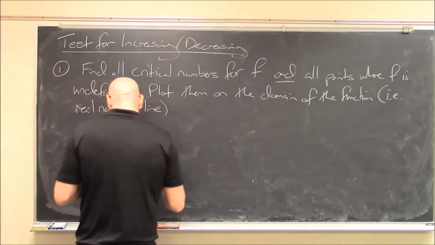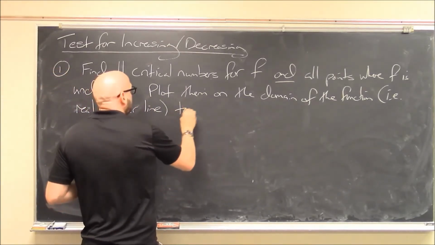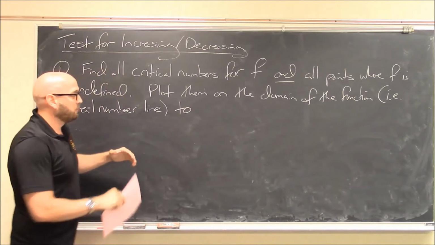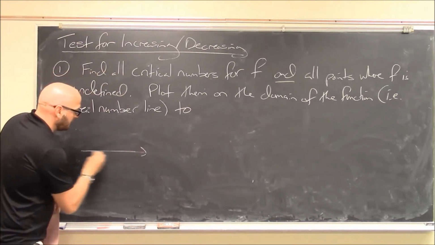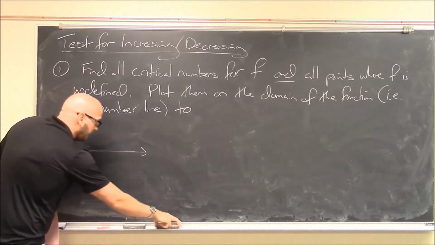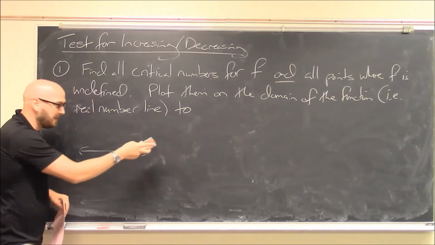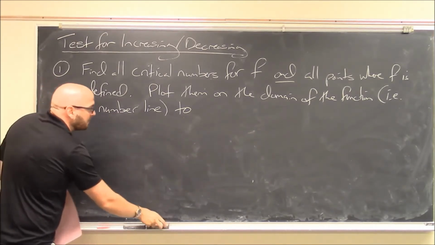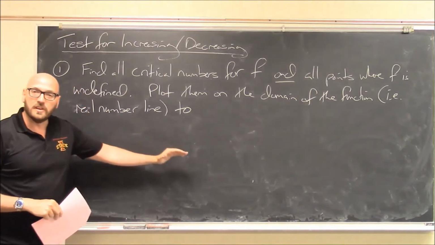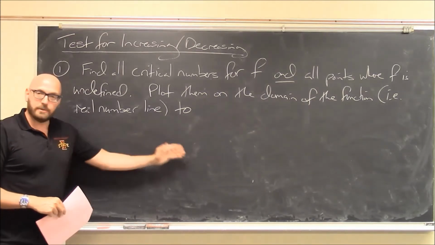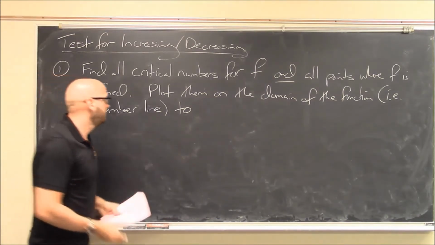I've got this real number line, a line going from minus infinity to positive infinity, maybe from 0 to infinity depending on the actual domain. I plotted some points on there, and I'm thinking of those points as breaking up the real number line into different intervals.